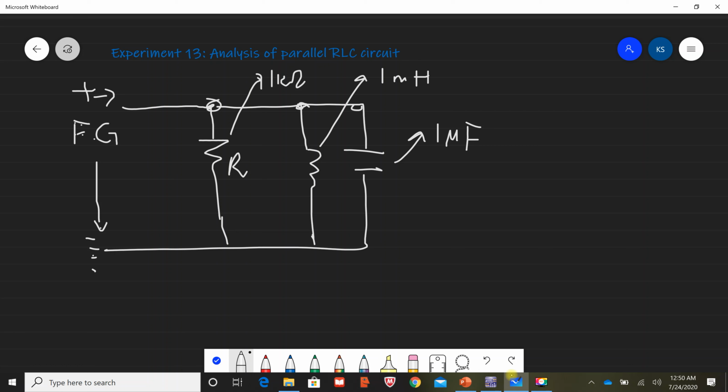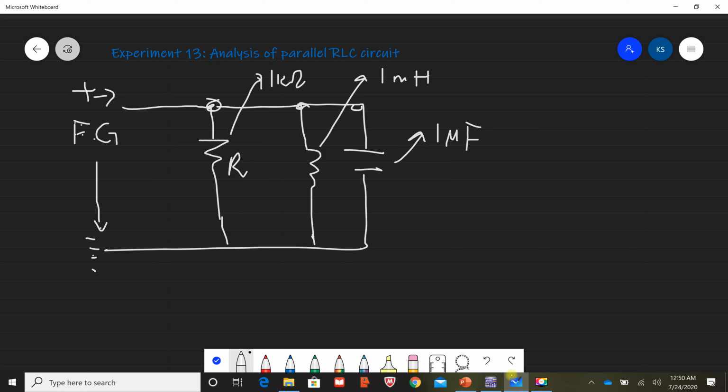Resistive components do not pose any kind of changes, but the inductive and the capacitive components do. In the case of parallel RLC there are some differences. This difference is in the form of waveforms of current.